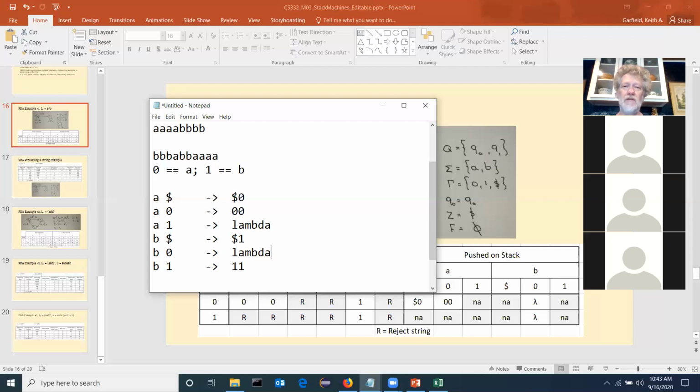So if you think about how you process the string, you start out with an empty stack. That first symbol is either an A or a B. Let's say it's a B. That means you're going to put a 1 on the stack. That second symbol is either an A or a B. Let's say it's an A. Well, now you've seen a B and you've seen an A. So rather than adding a 0 to the stack for that A, which would be confusing, remove the 1.